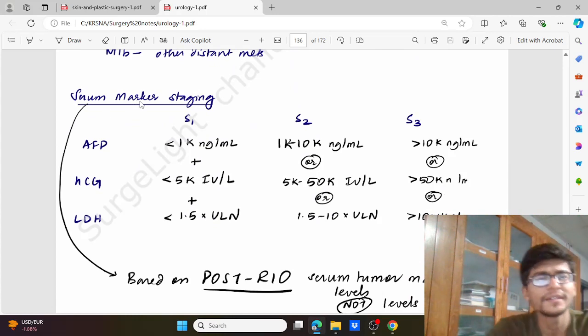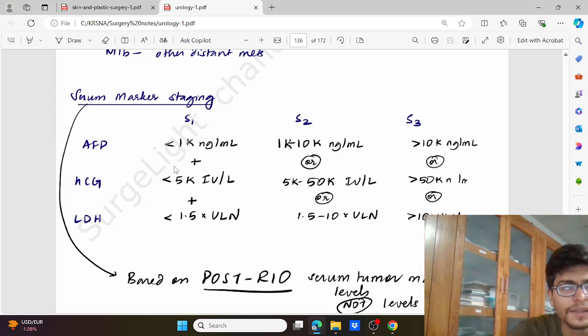Now serum marker, that is tumor marker staging. So AFP stage 1 will be less than 1K, HCG less than 5 international unit per liter, and LDH less than 1.5 times upper limit of normal. So all these three will be S1 for serum marker staging.